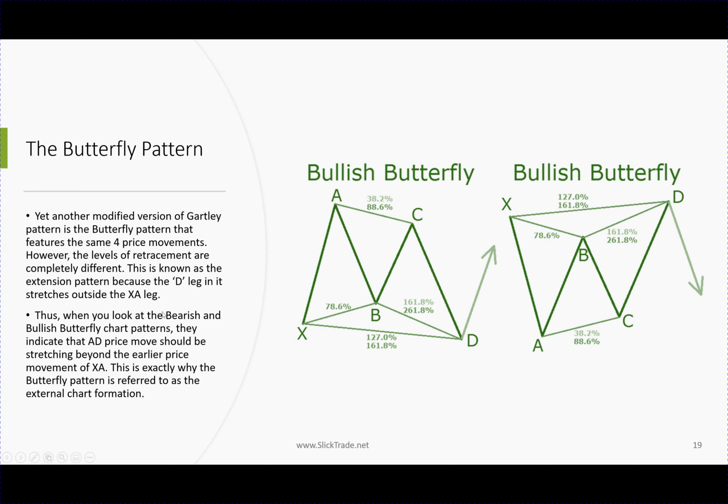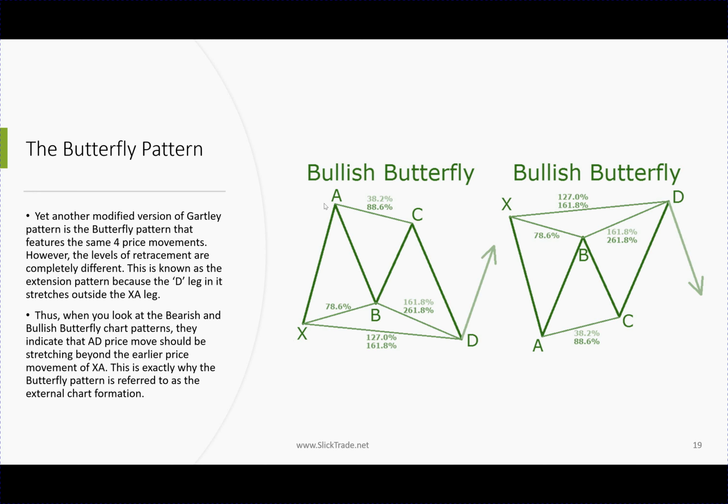Thus, when you look at the bearish and bullish butterfly chart patterns, they indicate that the AD price move should be stretching beyond the earlier price movement of XA. Here's XA. This is exactly why the butterfly pattern is referred to as the external chart formation.